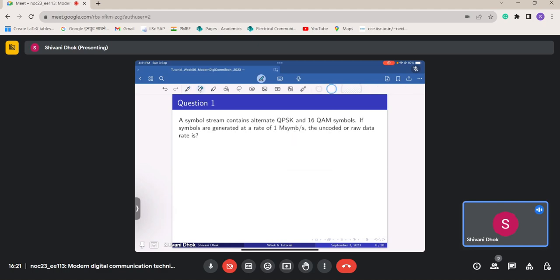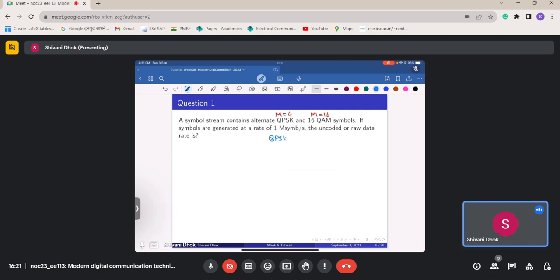So I am doing MPSK with M equal to 4, and this is 16 QAM. So I am doing M equal to 16 QAM here.